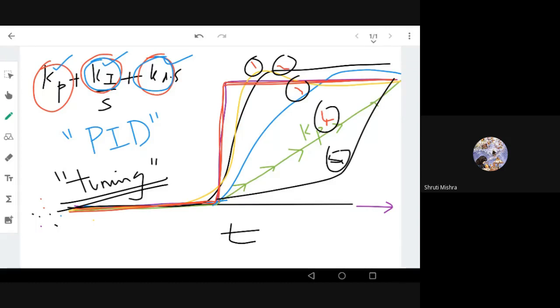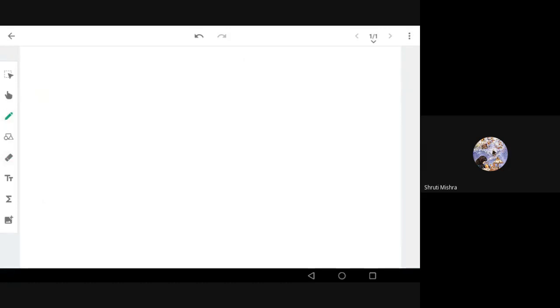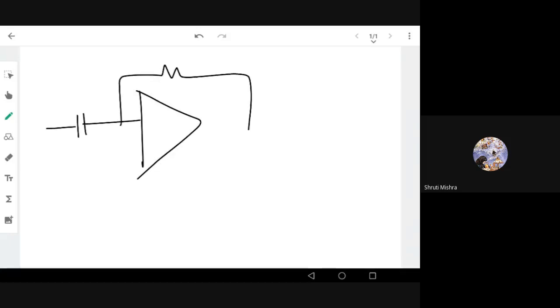You can also see the implementation of the derivative controller. The only change in the derivative controller you can see will be something like this. Now, you need to have a capacitor in the input definitely. So this is a derivative controller. Maybe you need a resistance parallel to the capacitor also.